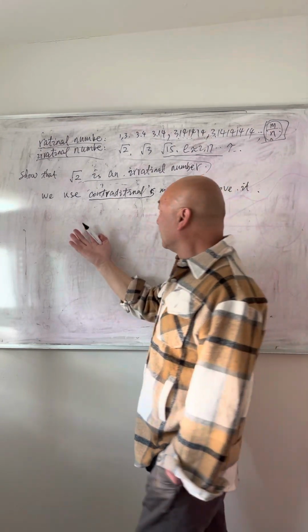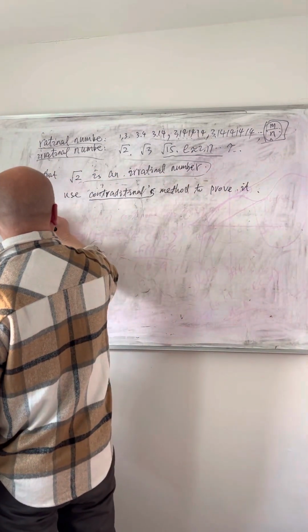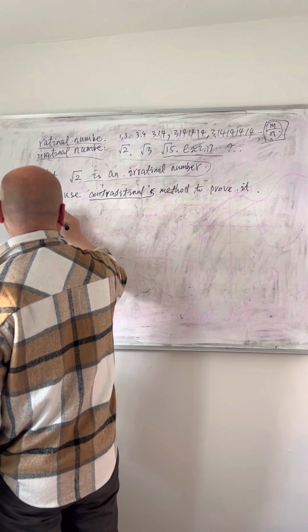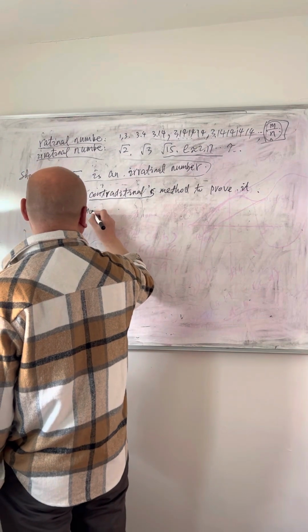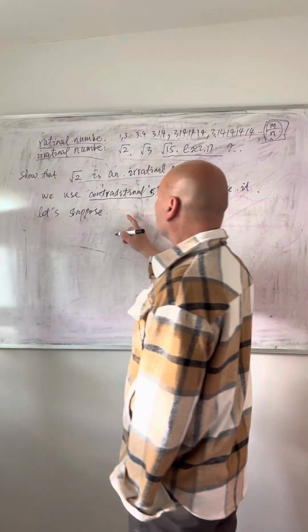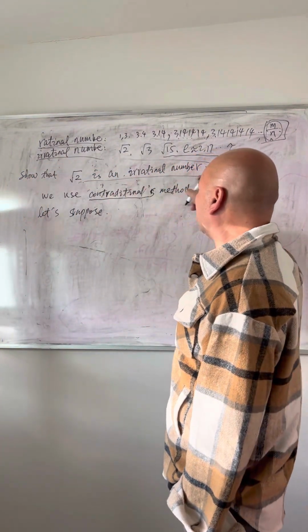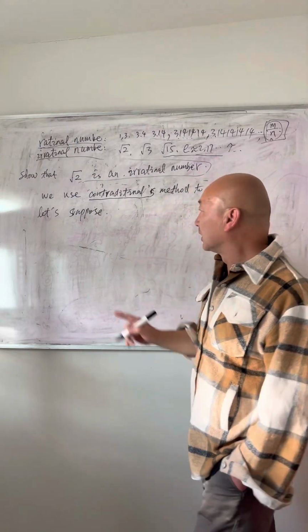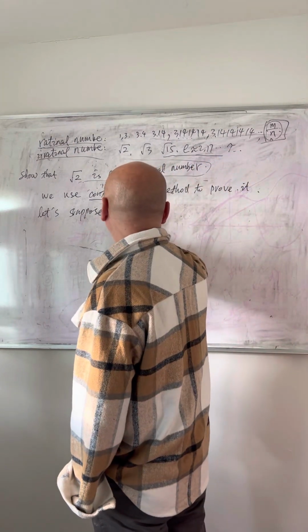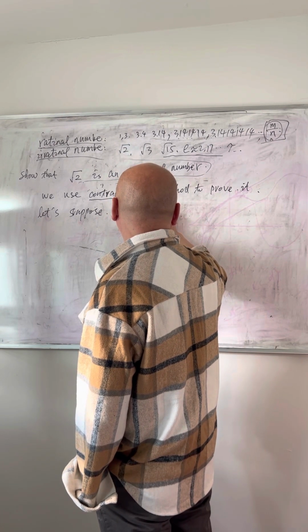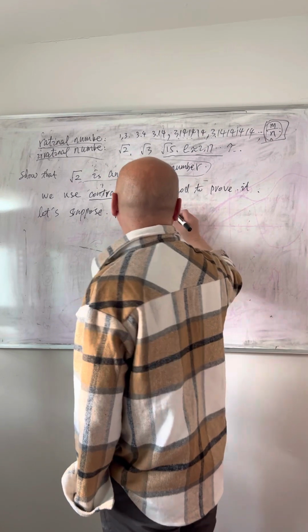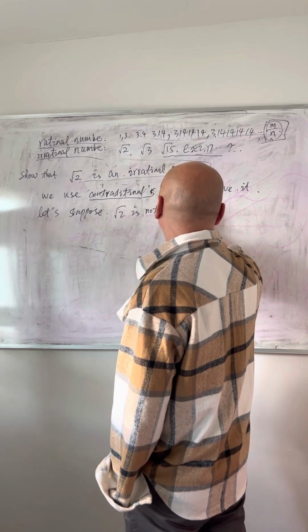So we first suppose this conclusion is not true. That means suppose radical 2 is not an irrational number.